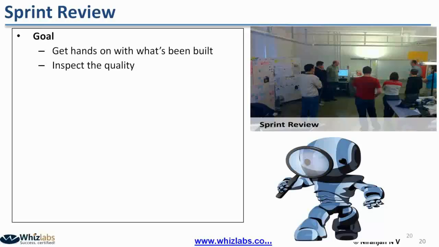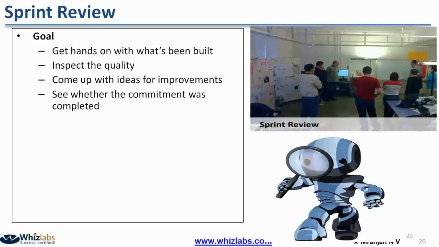Certain things in this sprint review are to know what has been built, and also to know whether the product backlog items committed adhere to a minimum level of quality. Also, to come up with ideas for improvements for the next sprint.